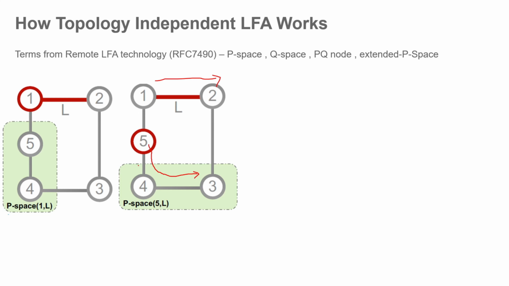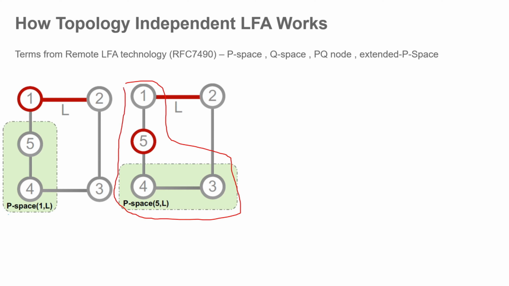If we say the default metric is 1, so let's say here 1 1 2, but if it wants to go via this path, then its metric becomes 3. So R5 can reach R3 easily, hence it becomes the extended P space for R1. So we can say that the P space and extended P space is this one for router 1.